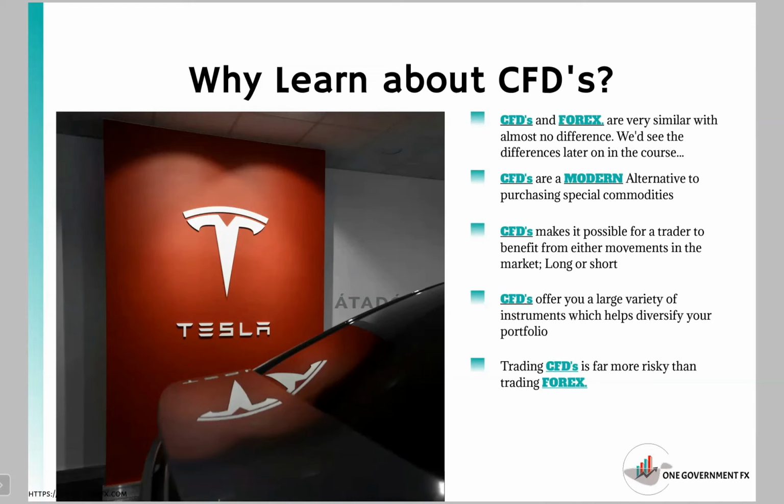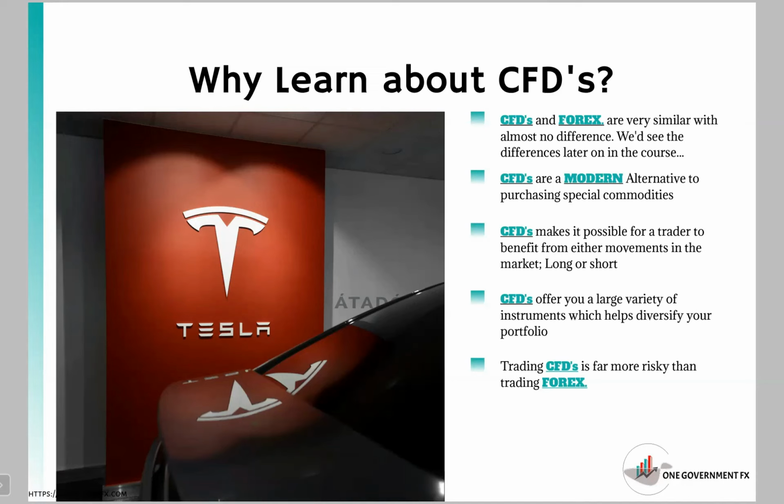So trading CFDs is far more risky than trading Forex. We have to understand this one. Later on in the course, you get to understand why we say trading Forex carries less risk than CFD trading.